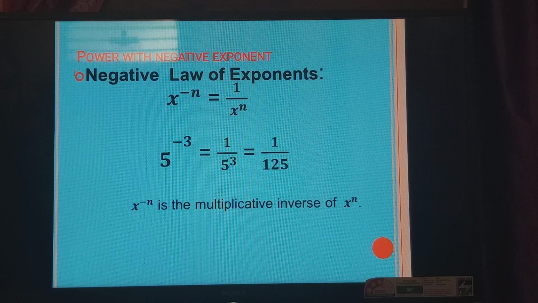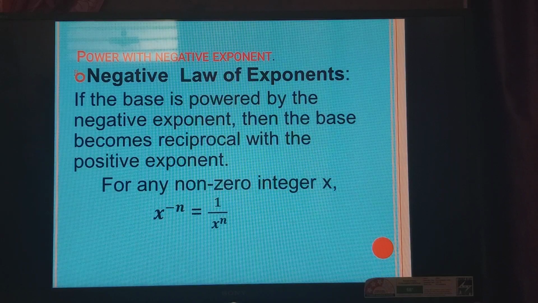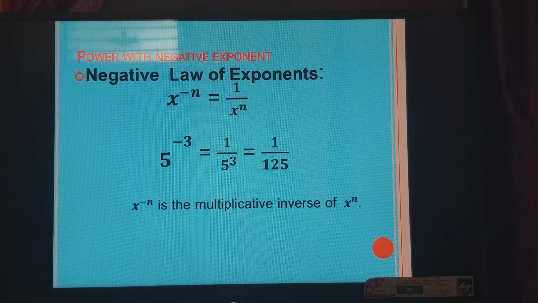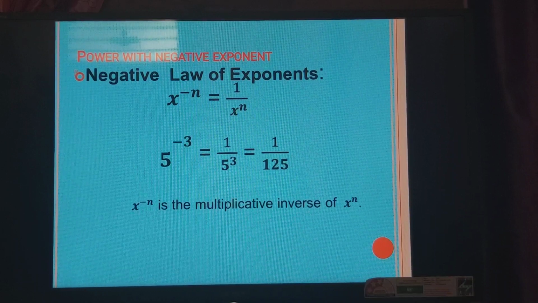That can easily be understood by this example: 5 raised to negative 3 means 1 upon 5 raised to positive 3, that is 1 upon 125.